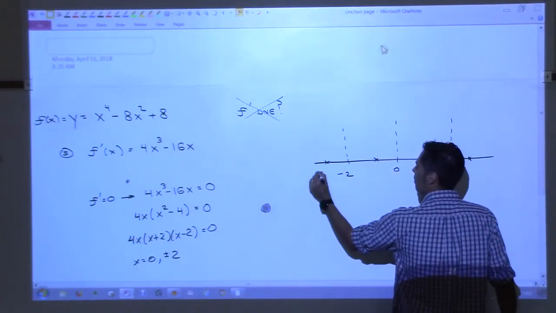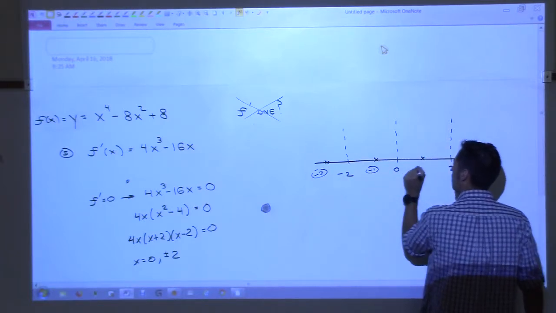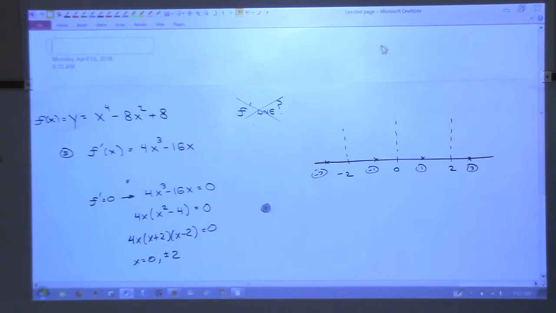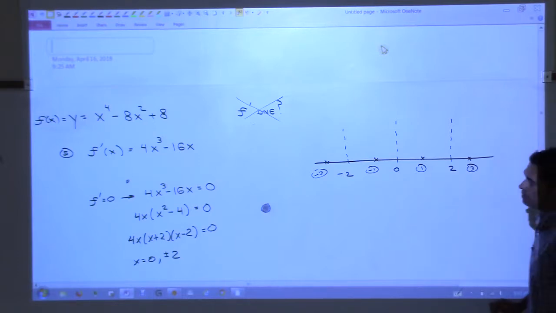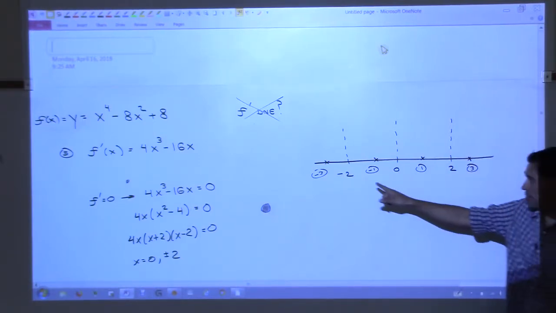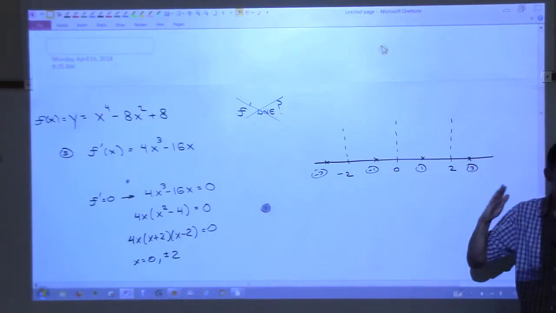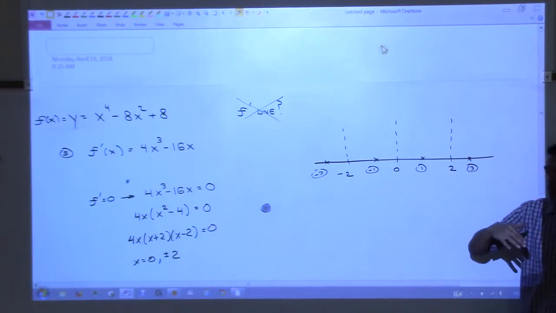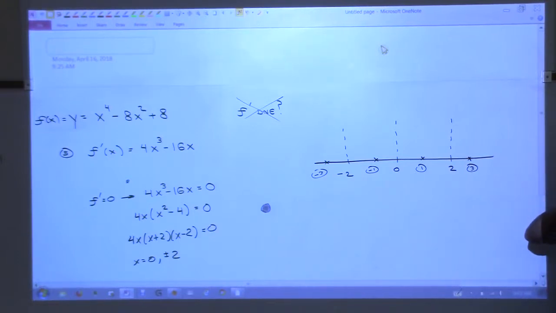So maybe like -3, -1, 1, and 3. And then you plug those where? Into the derivative, because we're trying to figure out if we're going up or down. The sign of the derivative tells us whether or not we're going up or down.